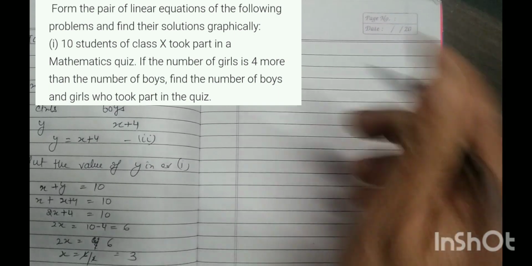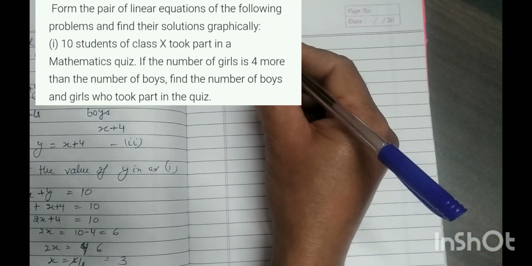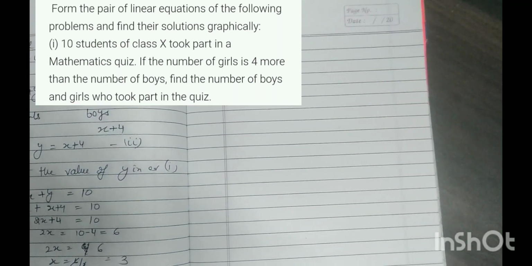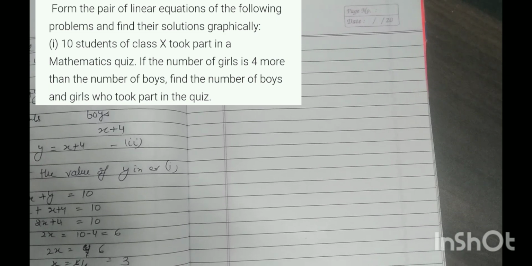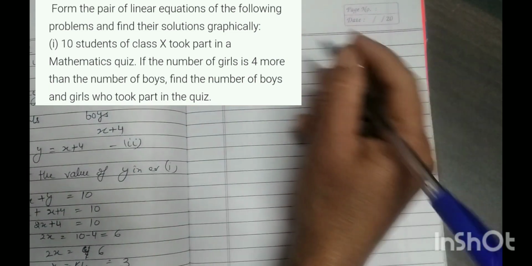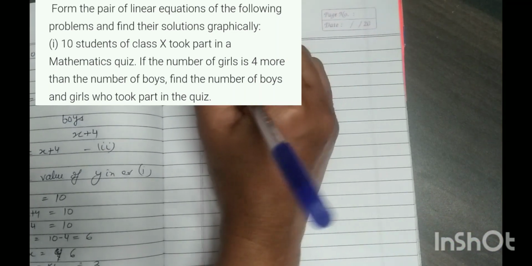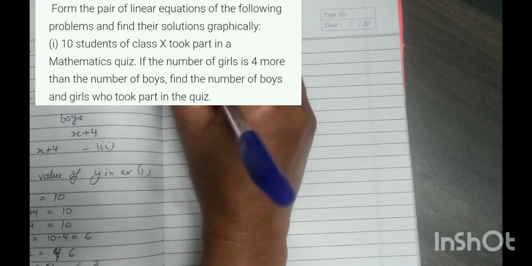Next question. 5 pencils and 7 pens together cost rupees 50, whereas 7 pencils and 5 pens together cost rupees 46. Find the cost of 1 pencil and 1 pen. Question number 2.